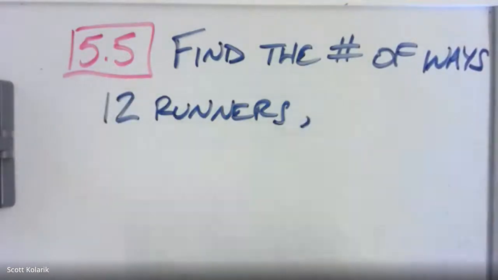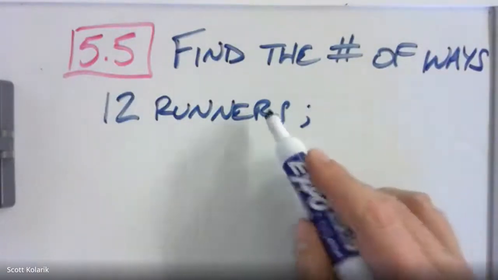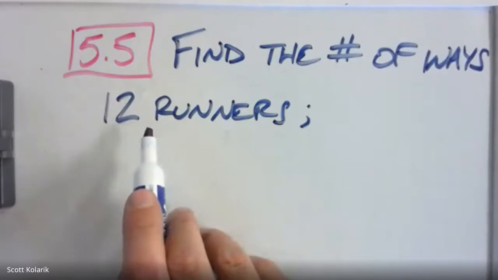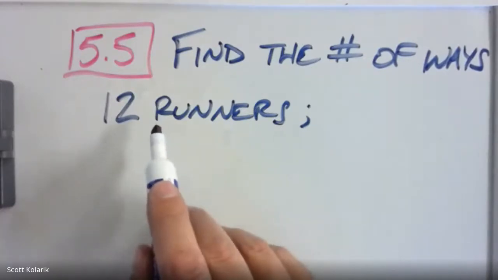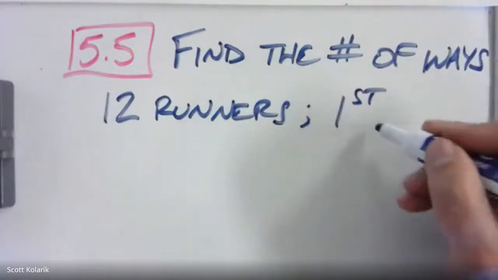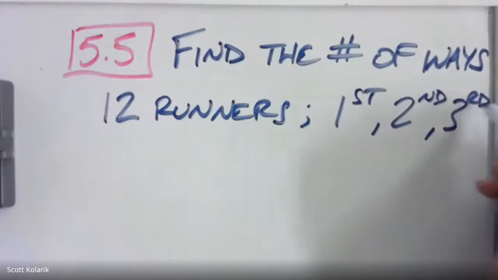The second piece of information that you're going to be told to identify is find the number of ways, or number of arrangements, using this sample pool. In this case, we're looking for the ways that they're going to finish first, second, third.